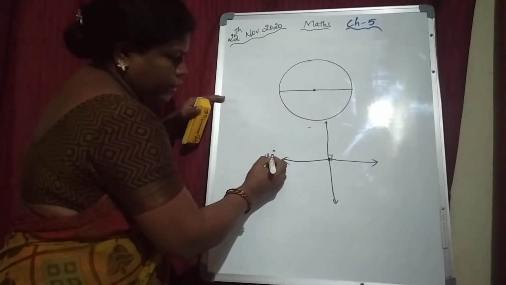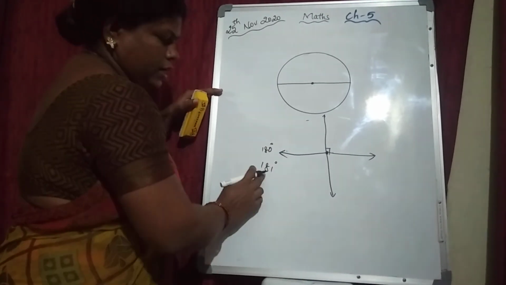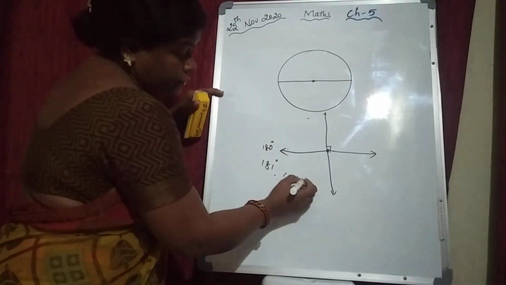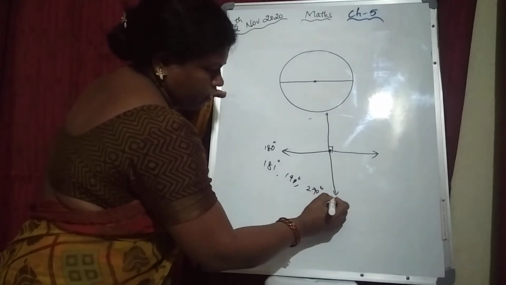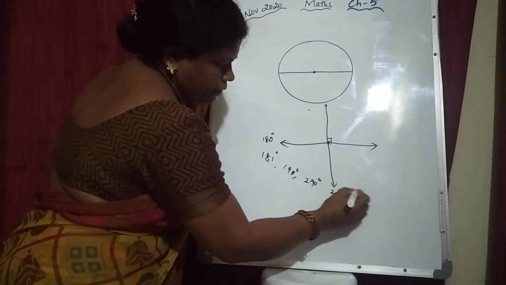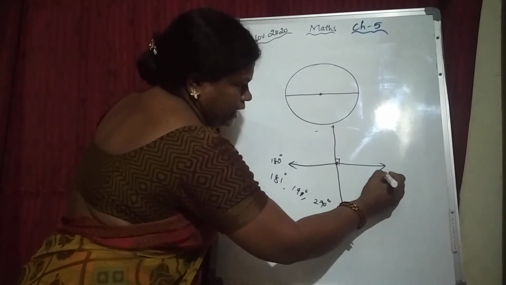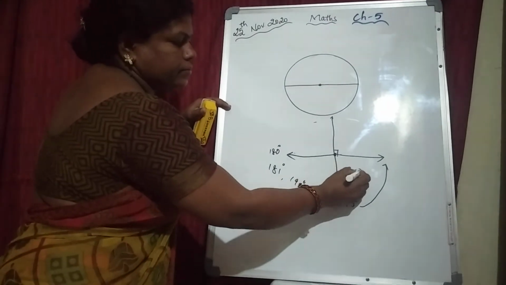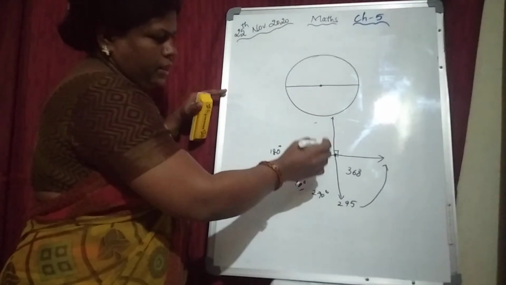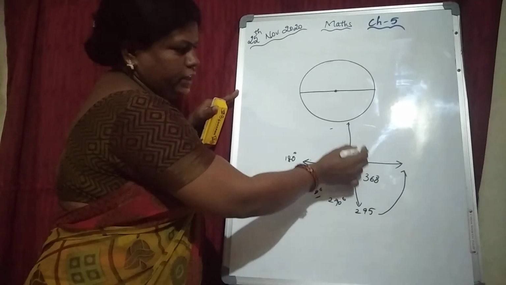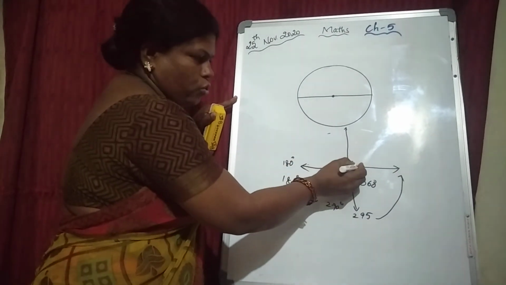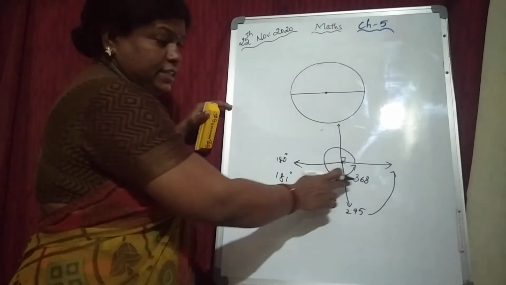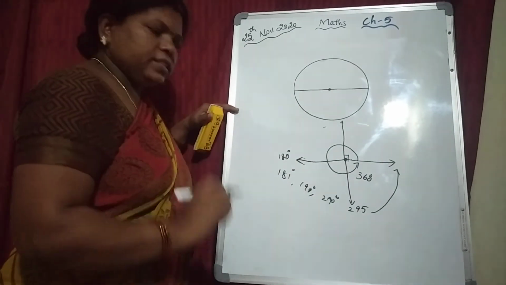So the angle from 181 degrees, 190, 200, 270, 295, all till 360 is called a complete angle. Clear, children? From 0 degrees to 360 degrees, when it rotates completely, this is called a complete angle. Complete angle means it is 360 degrees.